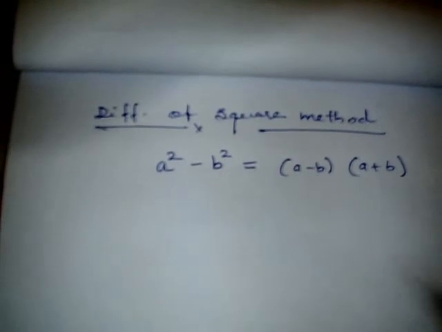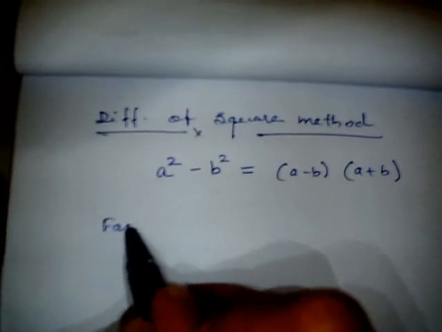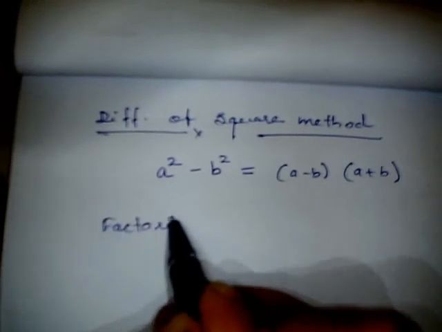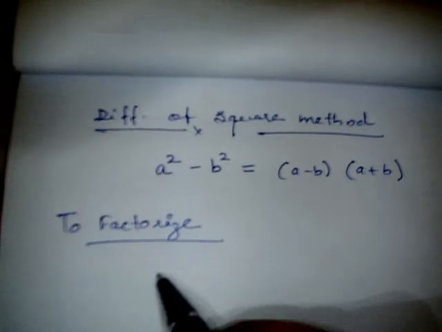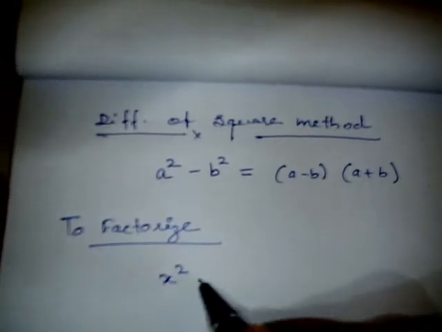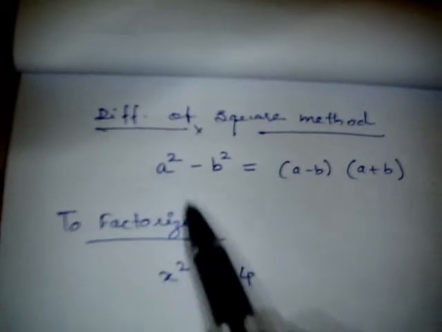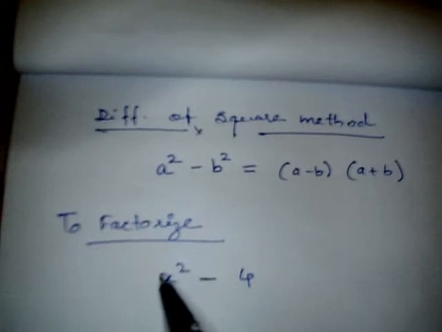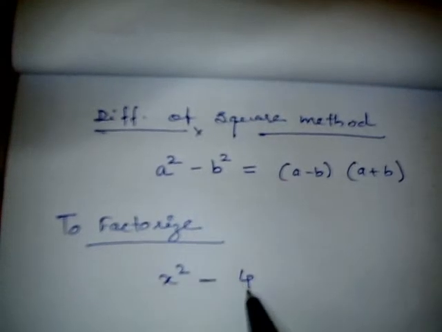Suppose it is written to factorize x square minus 4. This term is like a square, but this term is like b, though it is not in the form of b square.